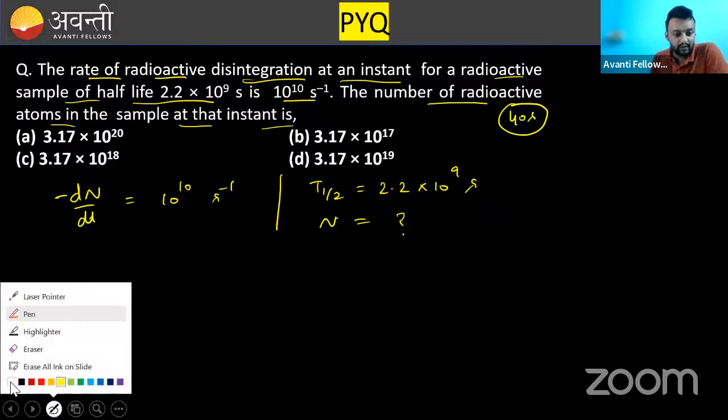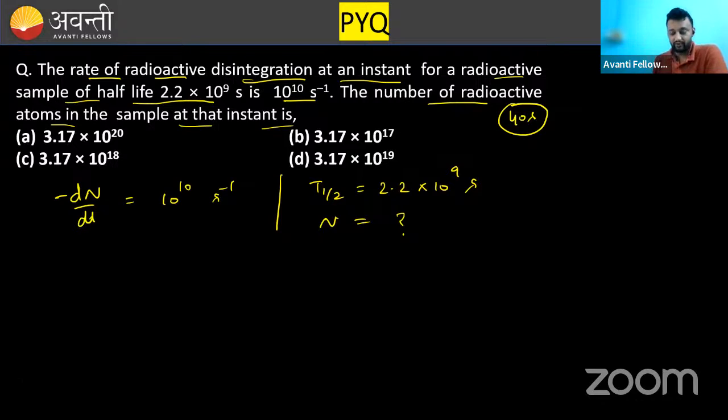Now, from the given data, the first thing that came to our mind is from the law of radioactive decay, this dN/dt is nothing but lambda into N. And this lambda into N is given as 10 raised to the power 10. Now, if I want to calculate this N, I need this lambda.